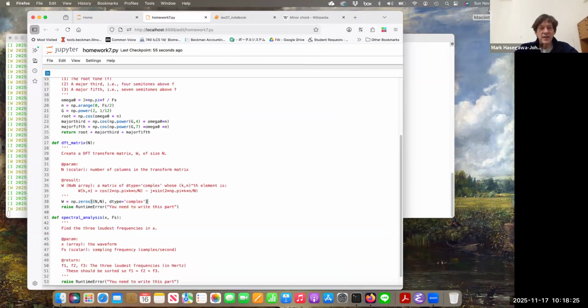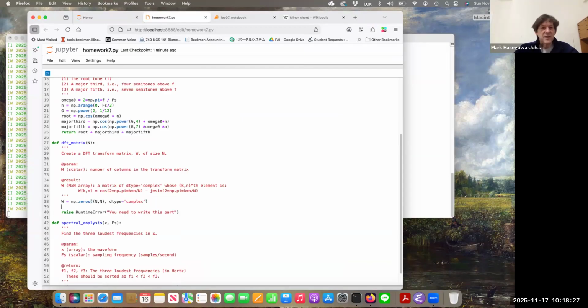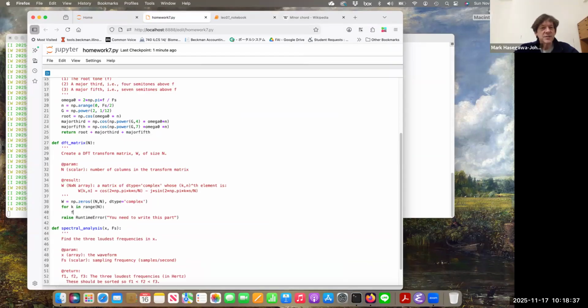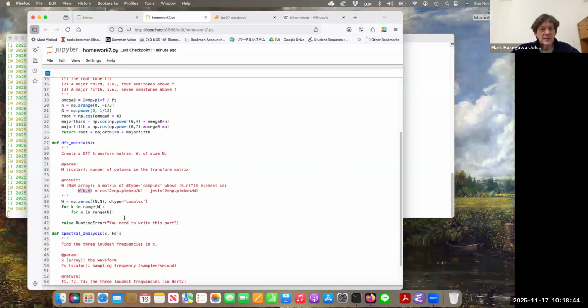And now we need, for k in range n, for n in range n, we want to say W of k comma n is equal to the cosine of 2 pi kn over n minus j times the sine.